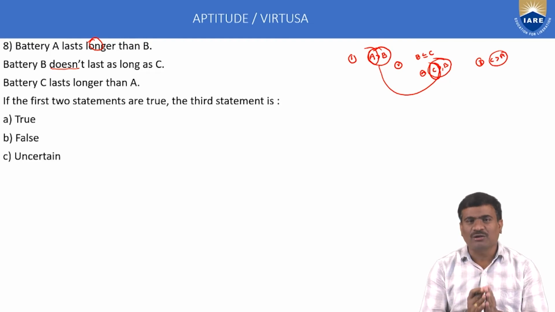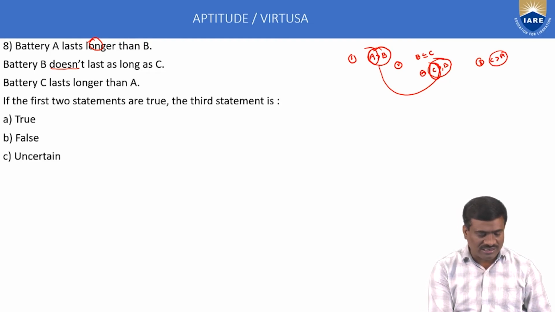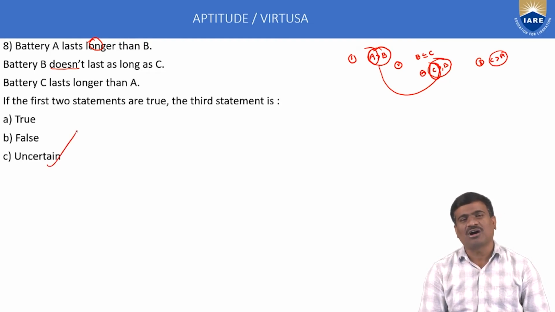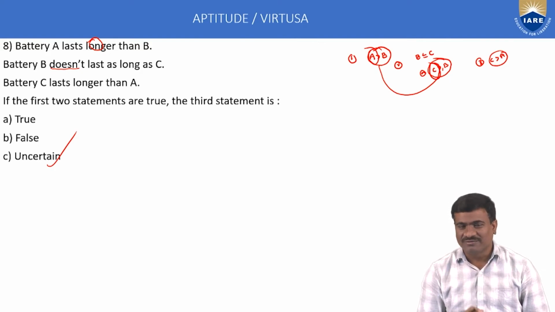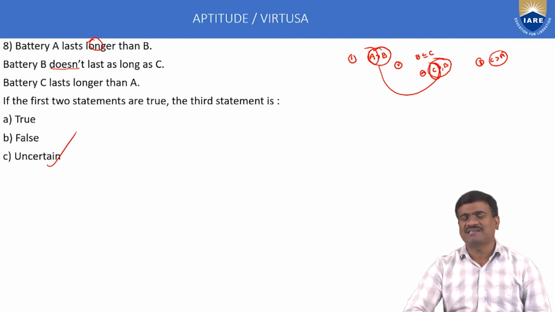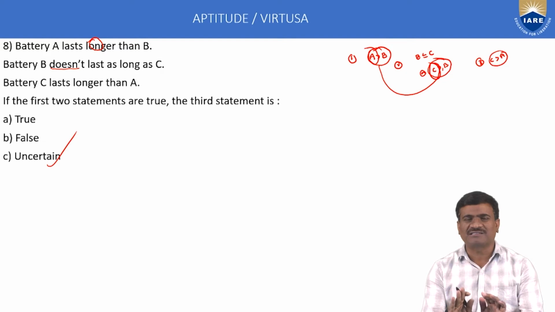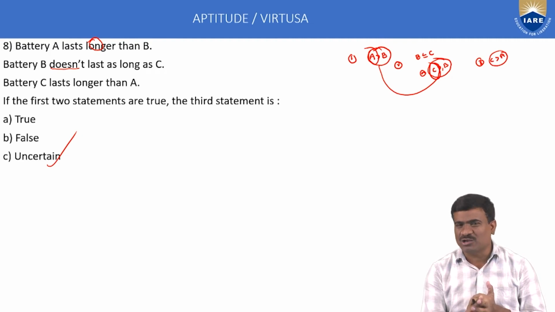If clearly not given, then the answer is uncertain. Answer option C only is correct. This is about the comparison test, an important and simple method using only three operators: less than, greater than, equal to.